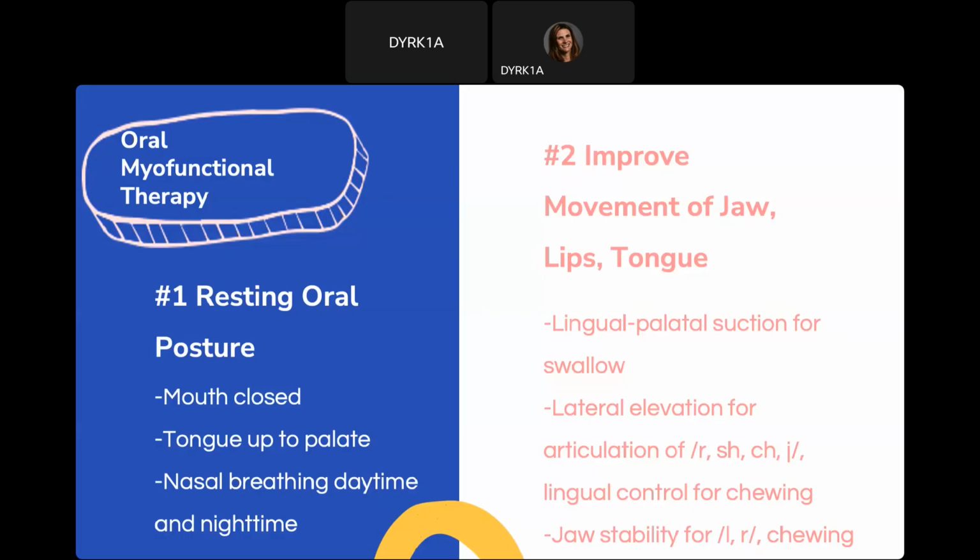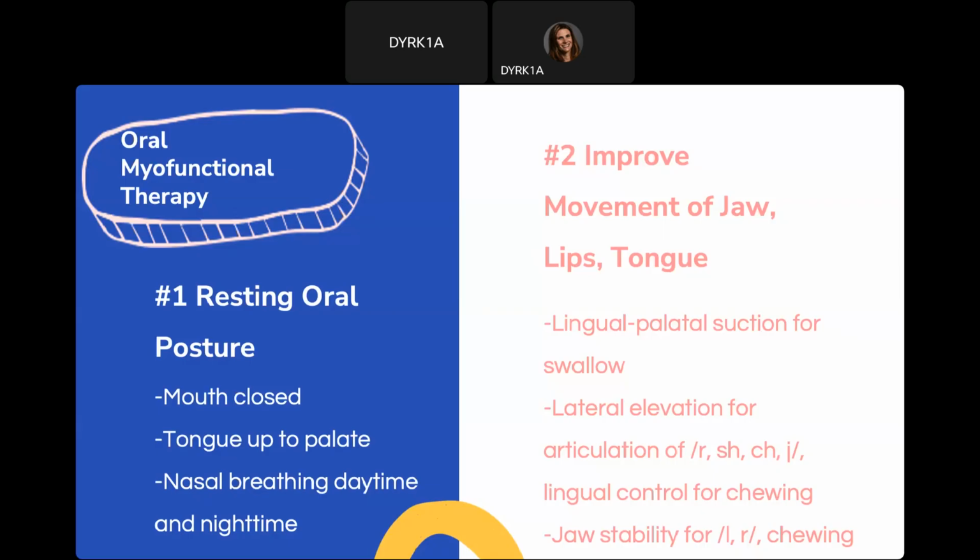So lingual meaning tongue, palatal meaning the palate. The tongue is going to come up to the palate and then go backward for the swallow. It doesn't always happen that way. If we don't have suction, we'll see the tongue pushing forward in the swallow. Or if there's not good suction on the sides, we might see spillage of the water or the food we're eating go into the cheeks.